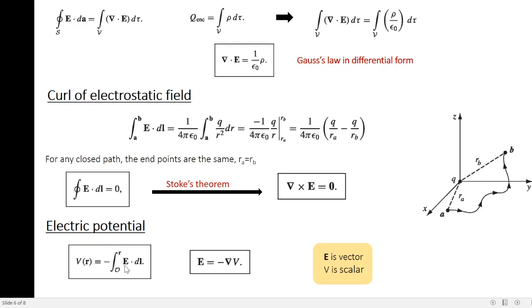So you are multiplying force with distance. This is nothing but the work done. So this is essentially the work done to move a particle from a reference point O to the point R, and minus means you are doing work against the electric field. So you can write the corresponding differential equation for this. So it becomes E equal to minus of grad V.